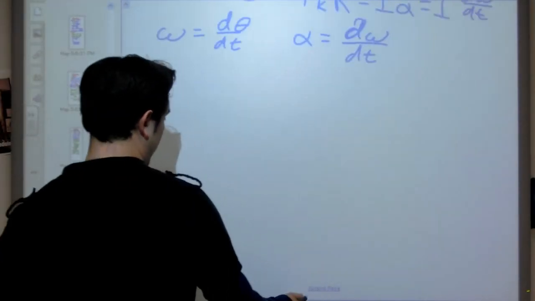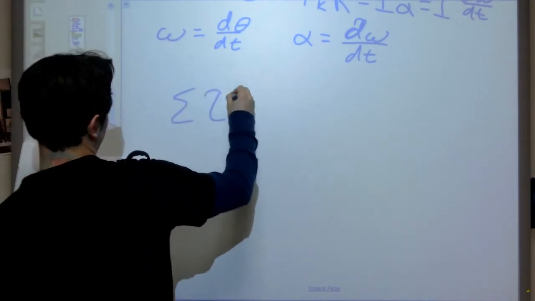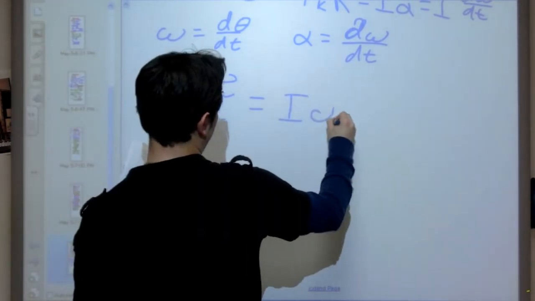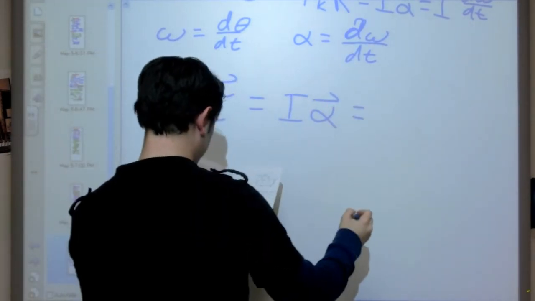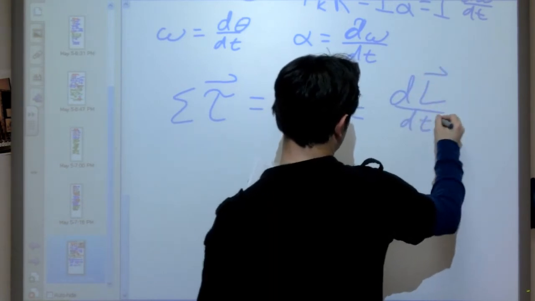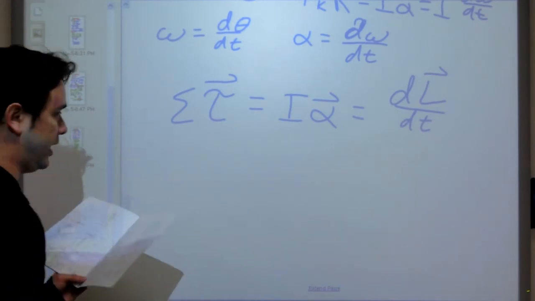Okay, so we've already shown it here, but the next equation that I would recommend is Newton's second law for rotation. Sum of torques are going to be equal to I alpha, which is also going to be equal to dL/dt, where L is our angular momentum. We spent a good amount of time talking about that.